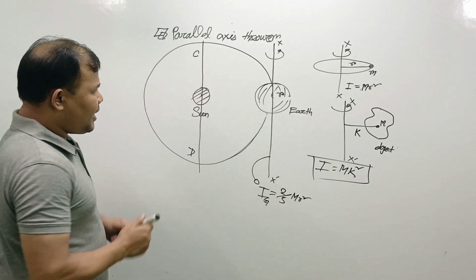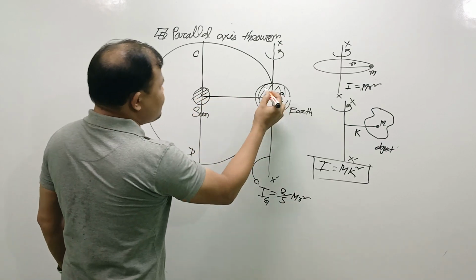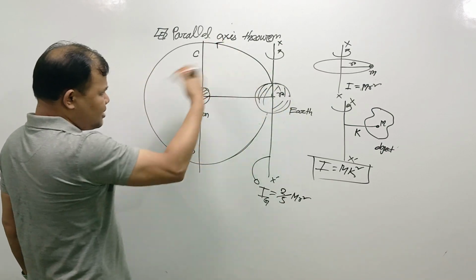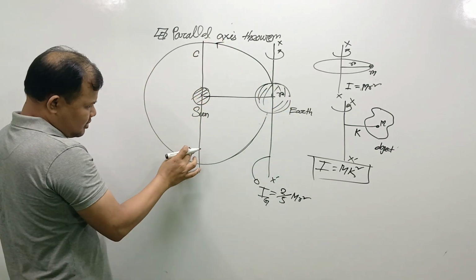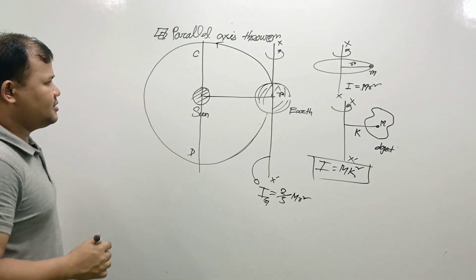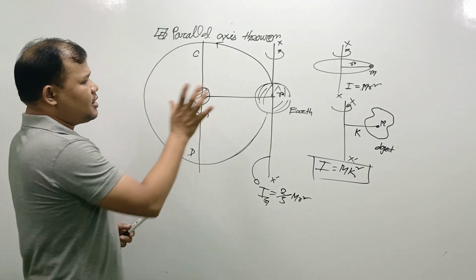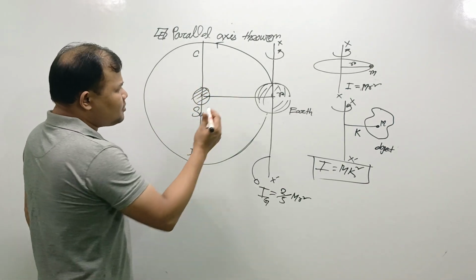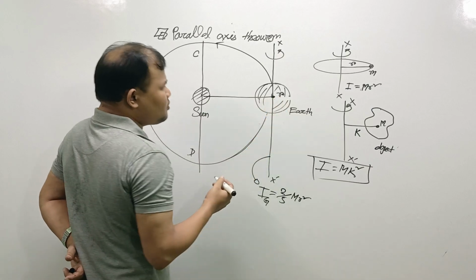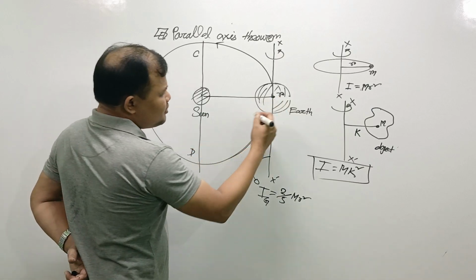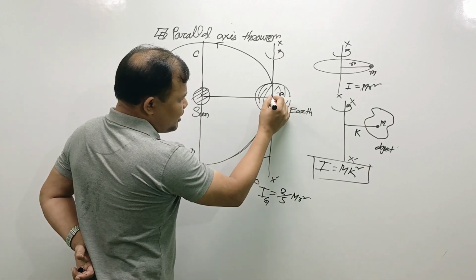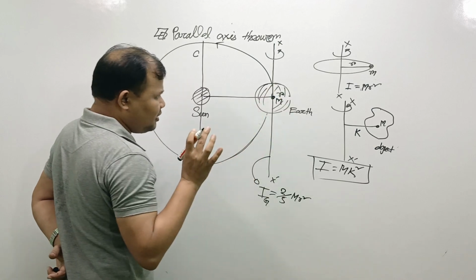And again, if this earth rotates around the sun centering the CD rotational axis, then there is also a moment of inertia. What is the moment of inertia here? Suppose all the mass is concentrated at this particular point, as this is the center of gravity.